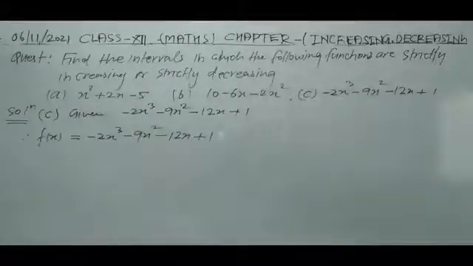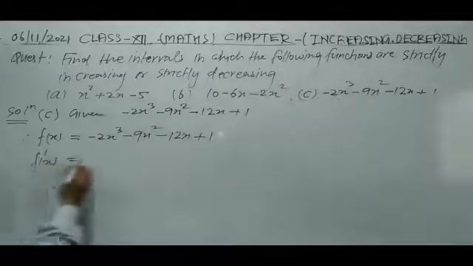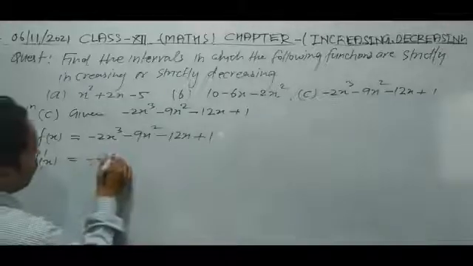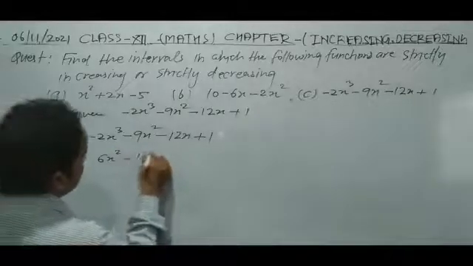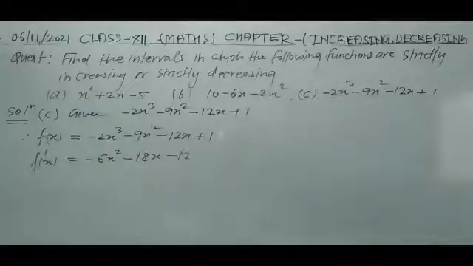So first of all we have to differentiate. What result will we get? F dash x result will be minus 6x square minus 18x minus 12. So this is f dash x. Now we have to get the critical points, also known as the turning points.